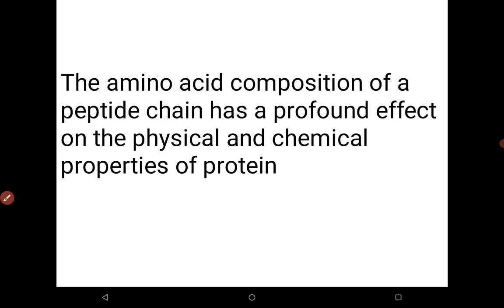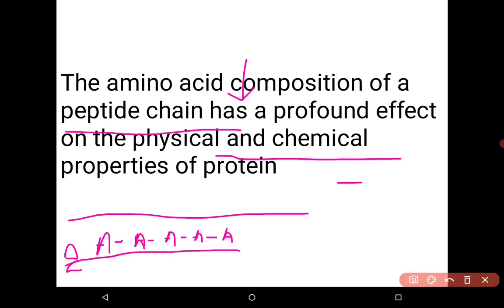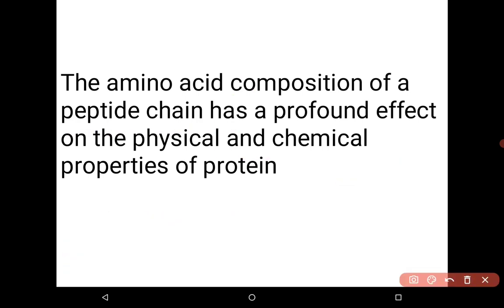And so the amino acid composition of a peptide chain has a profound effect on the physical and chemical properties. So here what is being said is that once this chain is formed, it is what will determine the physical as well as the chemical properties of the protein.